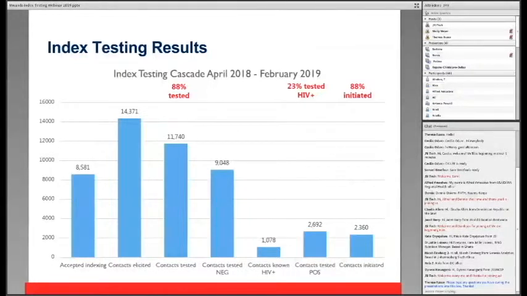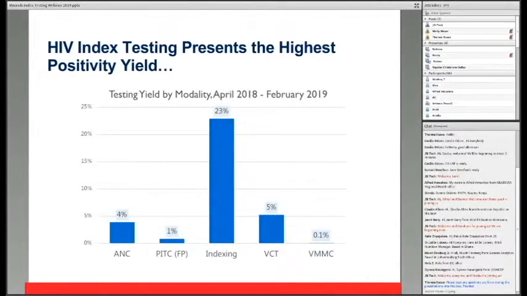So already the ground is fertile, and accepting antiretroviral therapy becomes easier. Even in this case, 88% of all those that tested positive ended up being initiated on treatment.